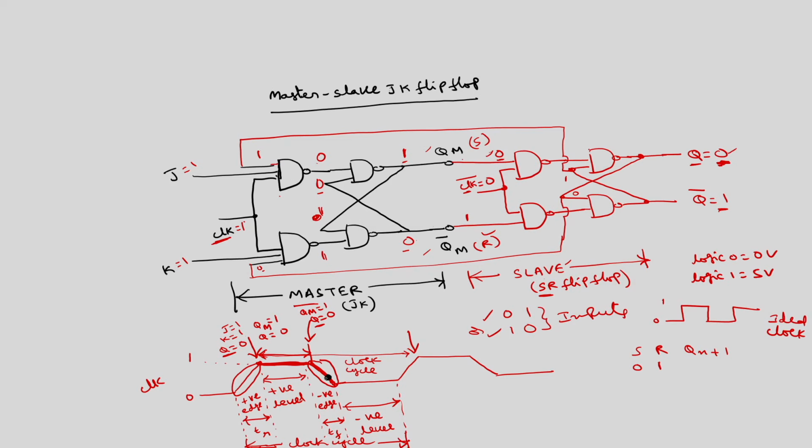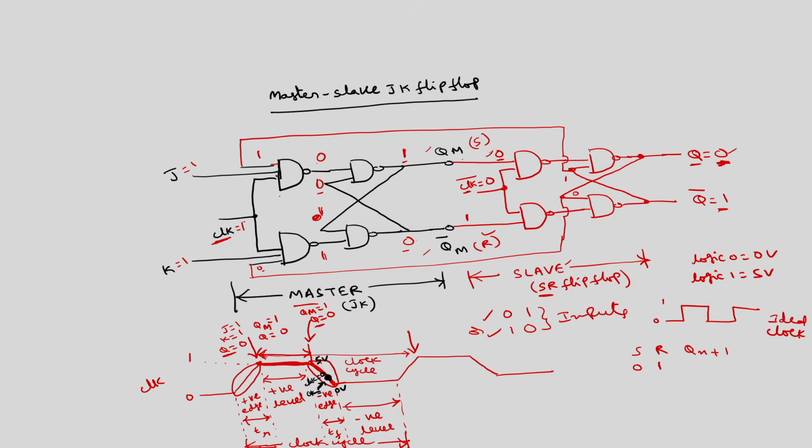This is 5 volts, this is 0 volts, and in between some voltage corresponds to logic 0. There is a range of voltages. So, this is the starting value where this signal can be treated as logic 0. So, at this point we can call this clock is equal to 0.